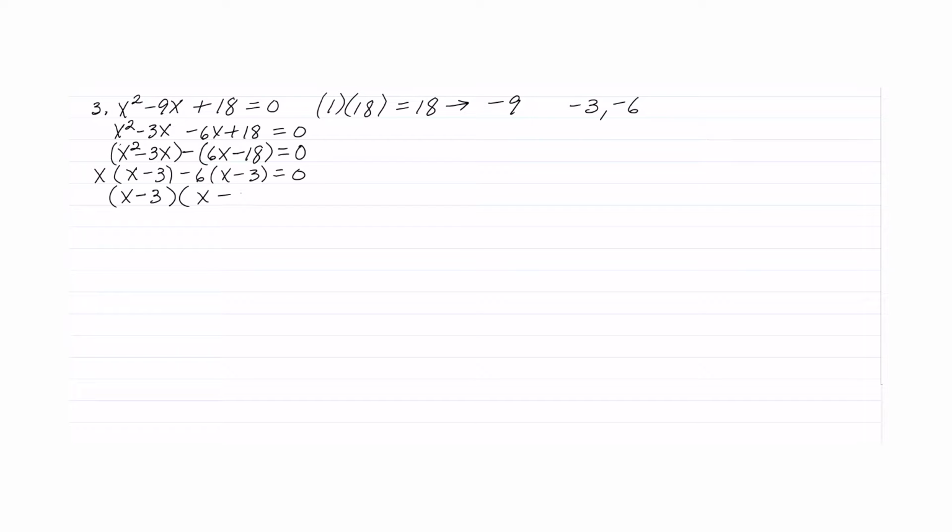So when we get this factored, we're going to see that it factors into (x - 3)(x - 6). So now we can set each one of those factors equal to 0, and then solve for x. So in this case, x is going to equal 3, and x is going to equal 6.